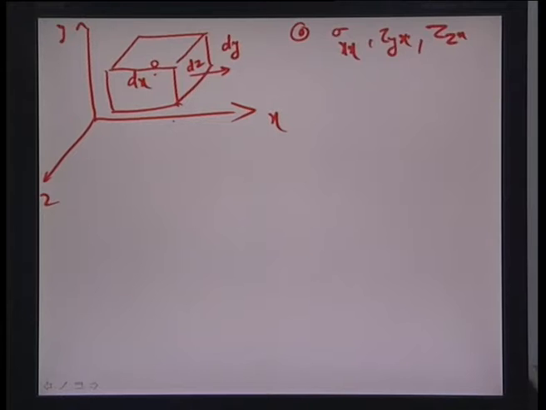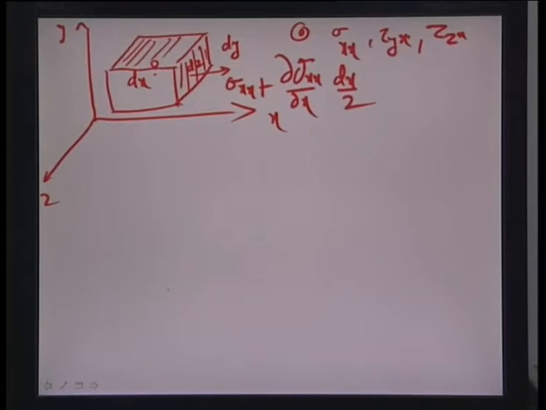So at this particular face of the cube, your stress components would differ. This would be sigma xx plus, let us say we have a variation in the x direction, del sigma xx by del x times dx by 2 would be the stress component in this face. The stress component similarly in the other face here would be sigma xx minus del sigma xx by del x times dx by 2.